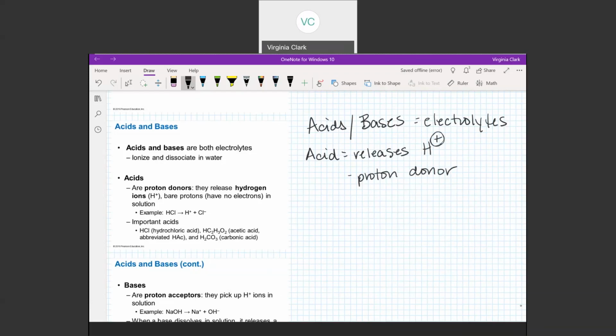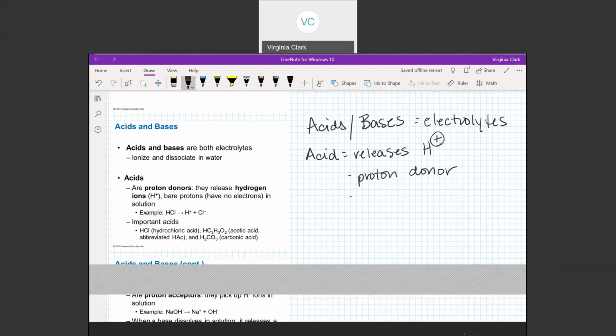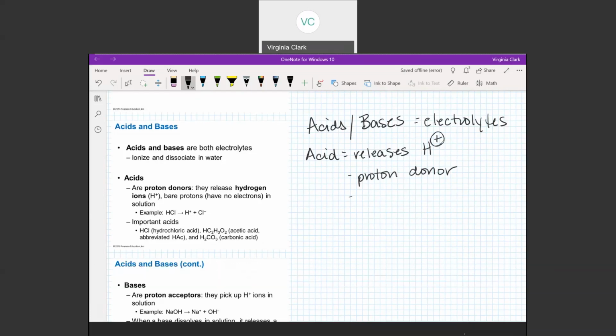So in water, acids are going to release this hydrogen ion. So how many hydrogen ions there are is going to determine the acidity. So the concentration of the hydrogen ions, how much there is. When you see concentration, it is done with these brackets that go all the way around.